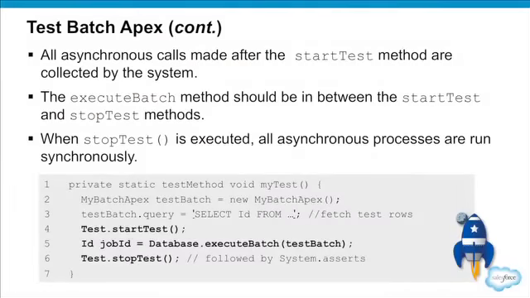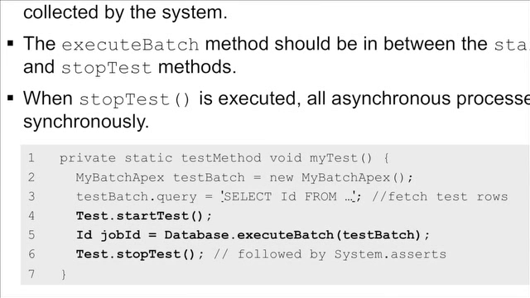If you're testing either of those, when it gets to test.stopTest, it runs your asynchronous code synchronously. So it'll run it right there. Now, inside your test, you can check to see that your batch job did what it was supposed to do, or your asynchronous Apex.